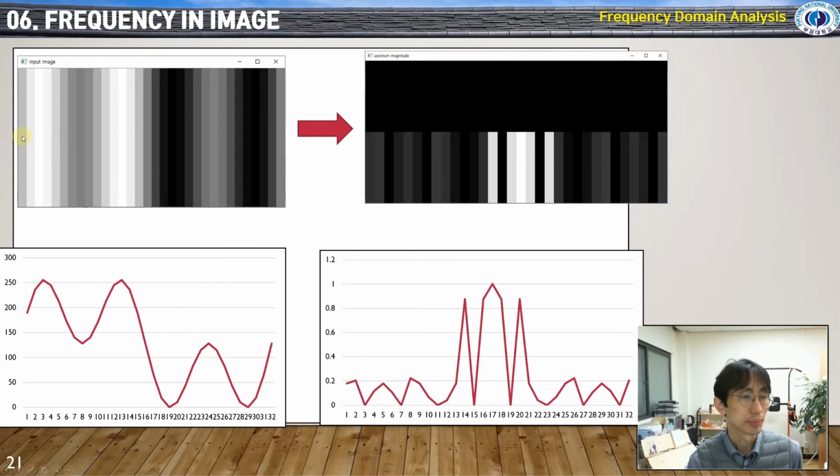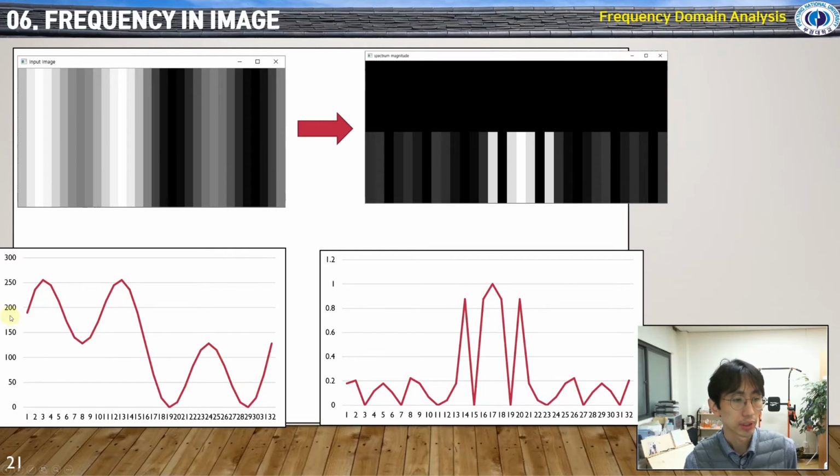It becomes whiter and darker and brighter, darker and brighter slightly, and darker again. So when you draw a graph using this image according to the x-axis, you get this kind of graph.